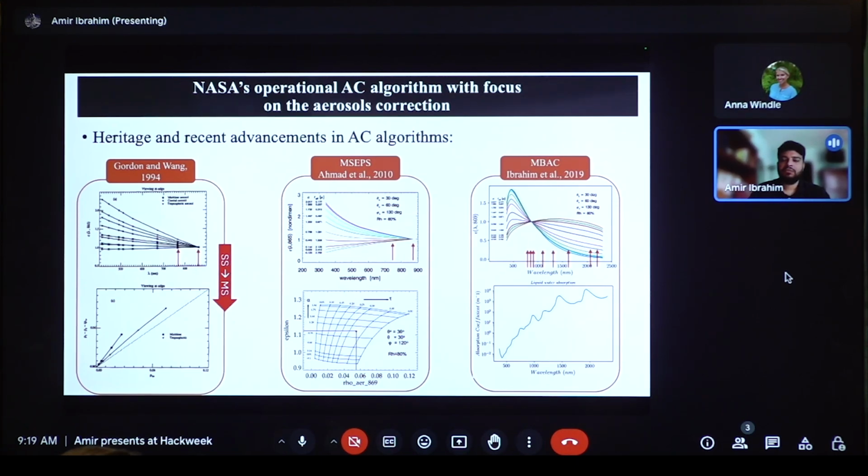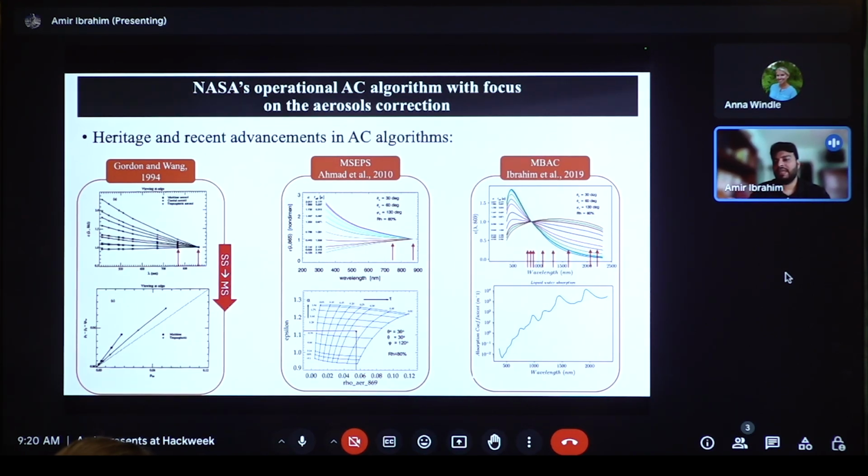In 2019, we published a paper where, rather than using two bands to do the aerosol correction, we used multiple bands. That was multi-band atmospheric correction. Going into the hyperspectral era, what if we want to utilize more spectral bands?